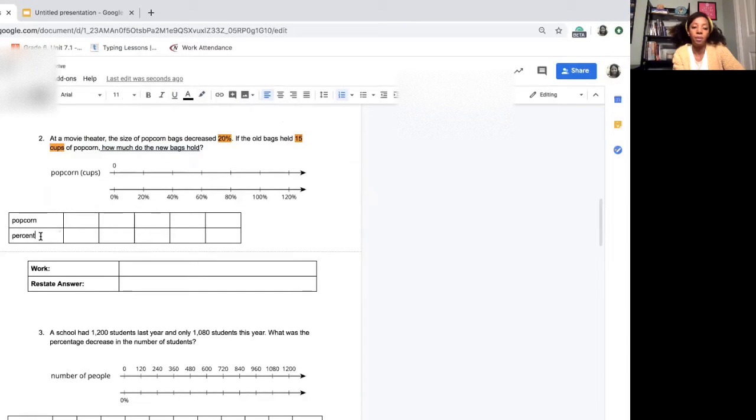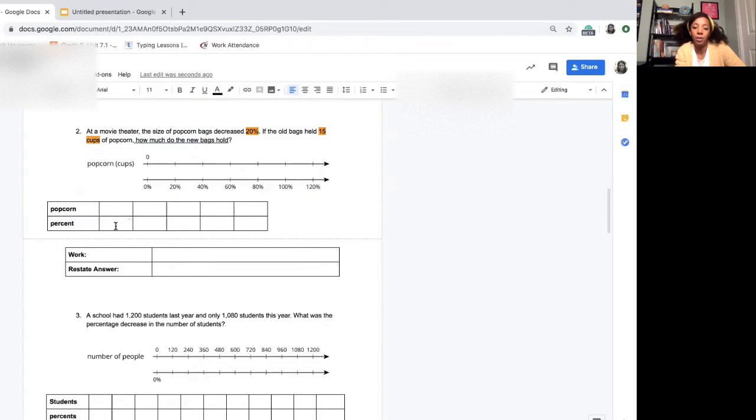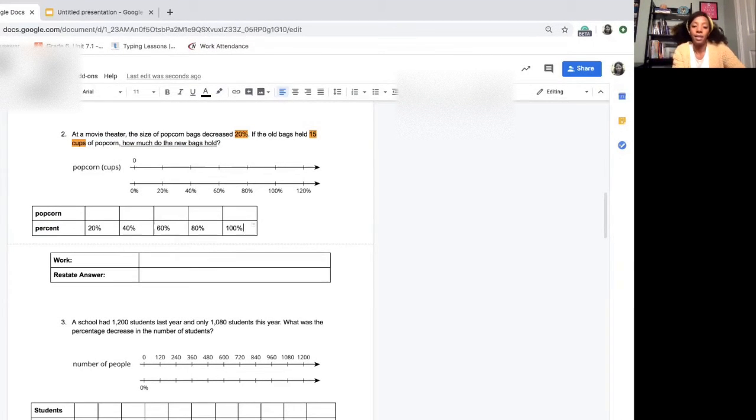So what I'm going to do with my double number line or my table is separate it into two quantities, popcorn and percents. I'm going to count by 20% for this problem. Next, I want to figure out, what would the whole be? What number represents our whole?